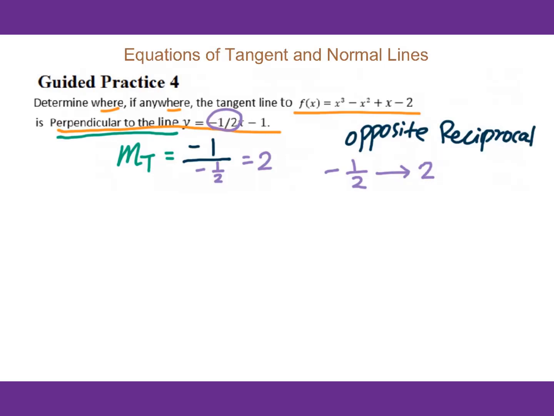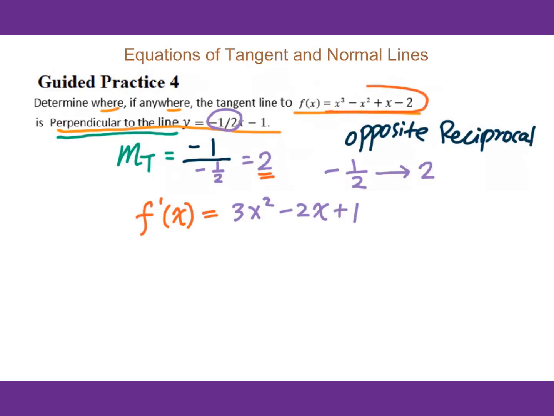After we get the slope of the tangent line equals 2, we take the derivative of f of x equals x cubed minus x squared plus x minus 2 [as given], just using the power rule: 3x squared minus 2x plus 1.